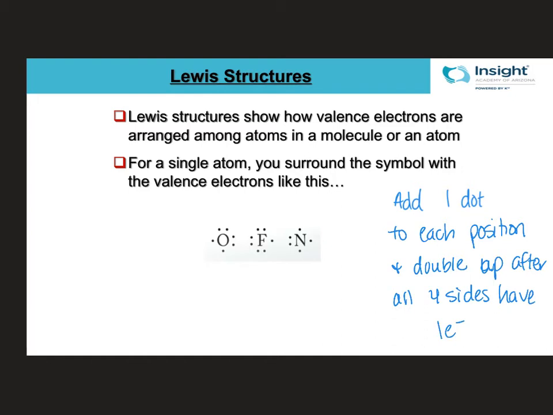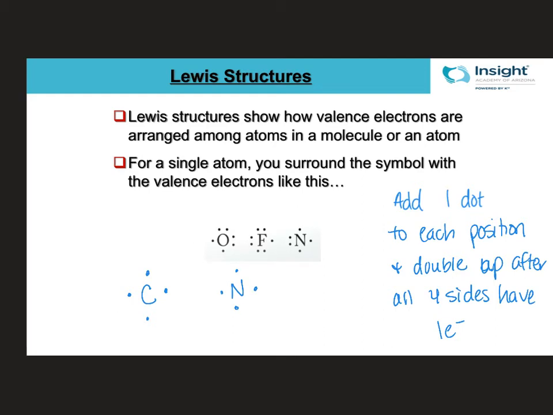If you think about your symbols, there are top, right, bottom, left. Carbon happens to have 4 valence electrons, so that's why there's just 1 on each side. Nitrogen was in group 5A, so to draw that structure, I do 1, 2, 3, 4.